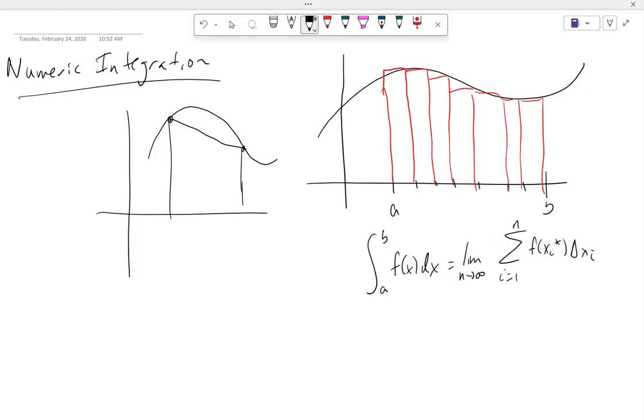That was the trapezoidal rule. You probably also talked about Simpson's rule, where you picked a third point and then used a parabola and found that area, right?